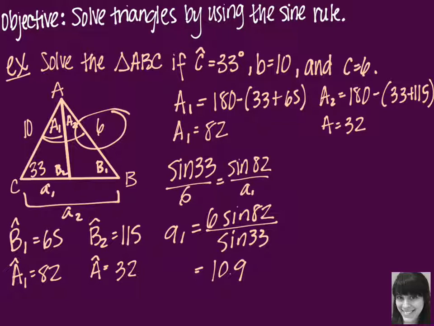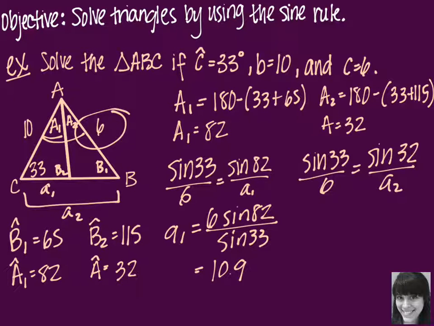Do the same thing for A2. So sine of 33 over 6 equals sine of 32 over A2. Cross multiply and divide by sine of 33.